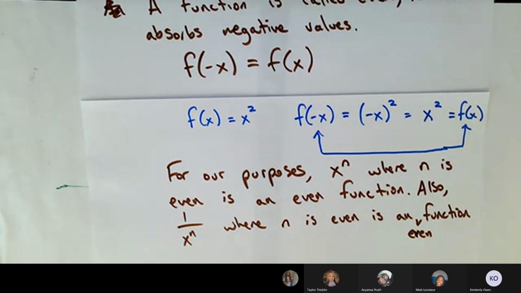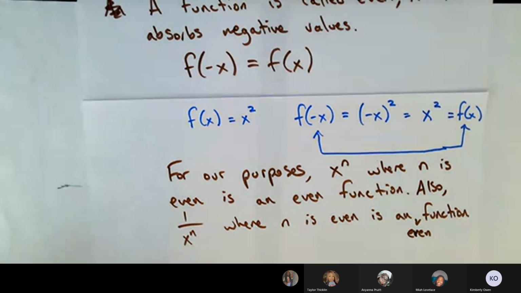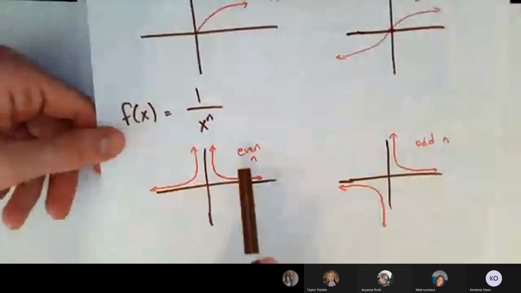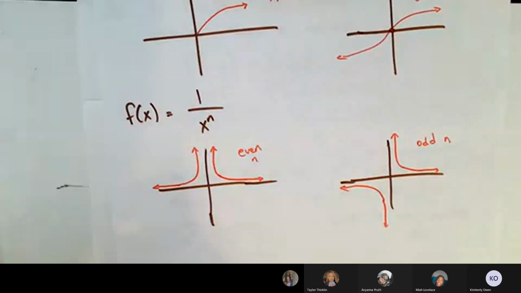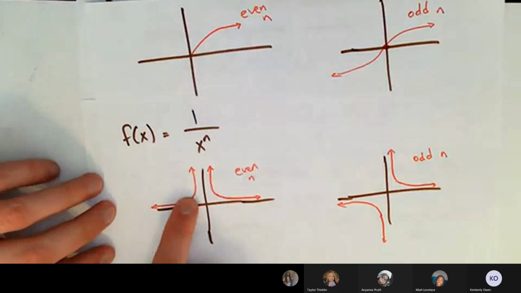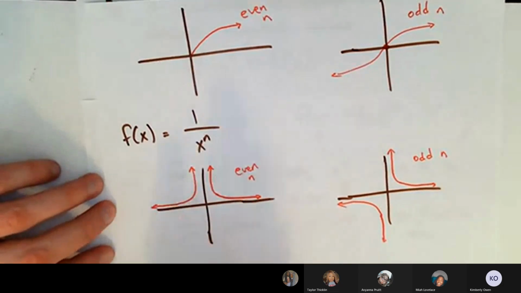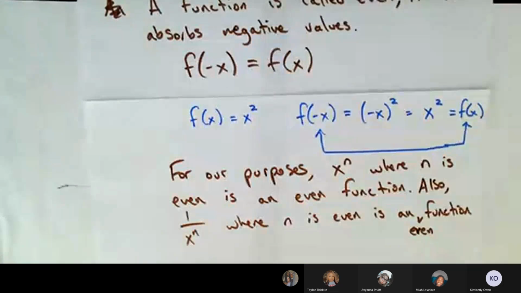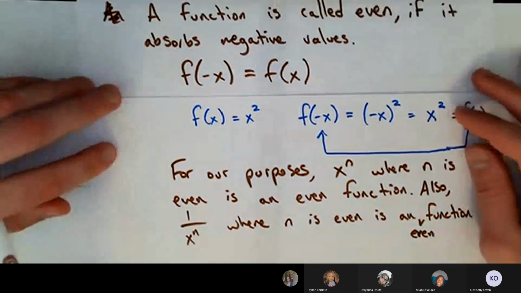Let's see if that makes sense. If we go back and look at an even function, 1 over x squared, I'll give you a second to write this and then I'm going to cover it up. Okay, 1 over x squared, here it is. If I reflect this over the y-axis, it doesn't change, right? If I flip this side over here and this side over here, it doesn't change. Cool. Maybe I should write that down, the graphical representation of this rule.